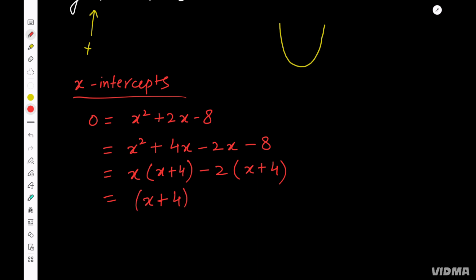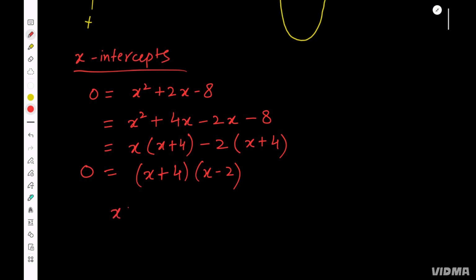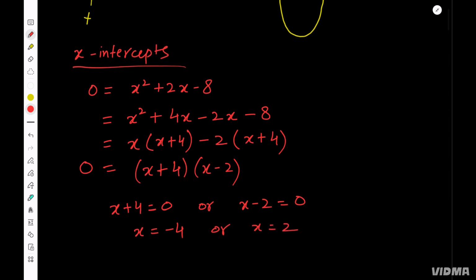So we have (x plus 4)(x minus 2) equals 0. Now, according to the zero product principle, x plus 4 equals 0 and x minus 2 equals 0. So x equals minus 4 and x equals 2.